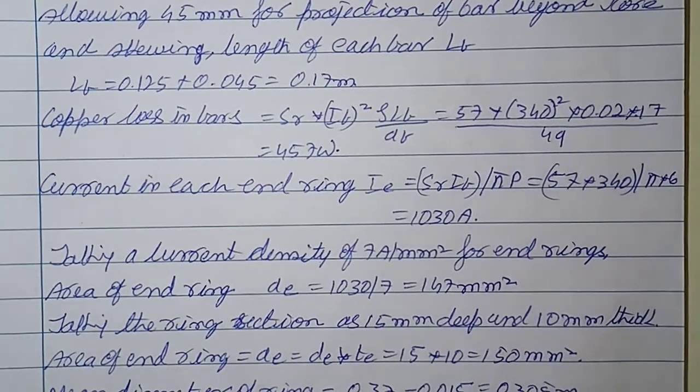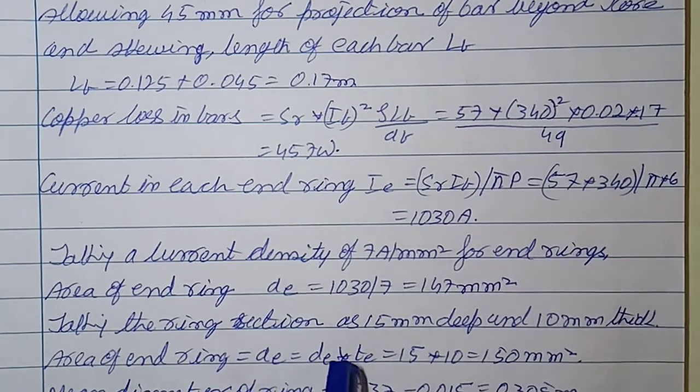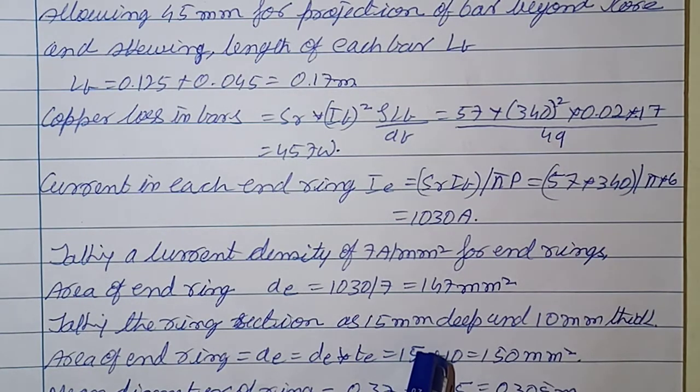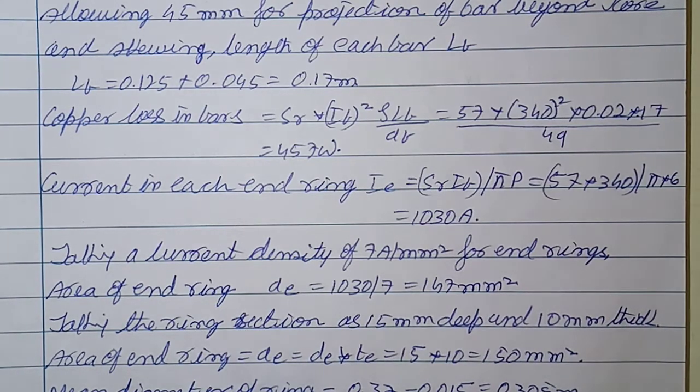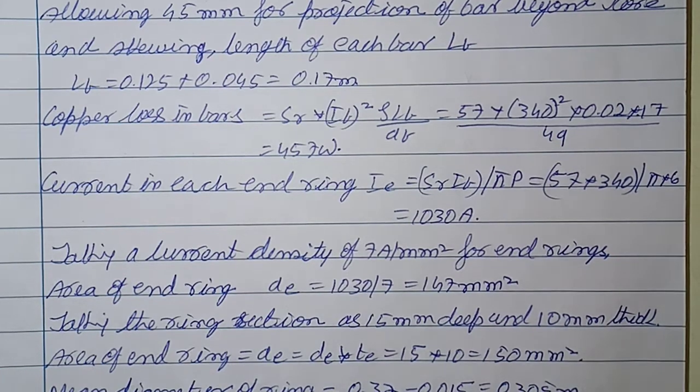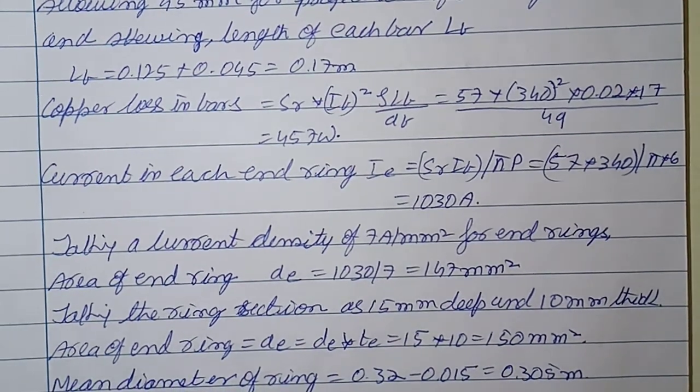Taking the ring section as 15 mm deep and 10 mm thick, that is the DE and the TE, the area of the end ring AE is equal to DE into TE, which is 15 into 10, so it is 150 millimeter square. The next is the mean diameter of the ring.